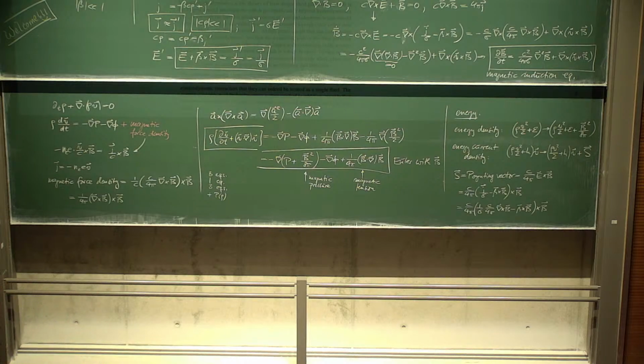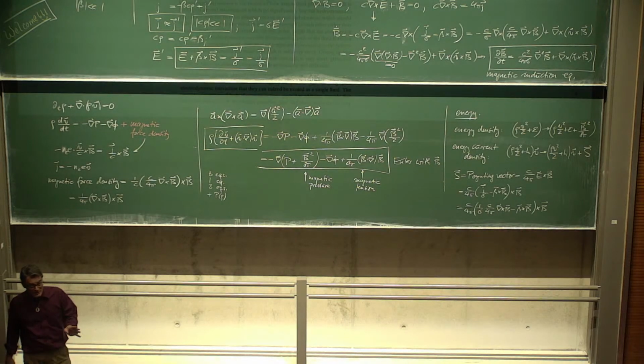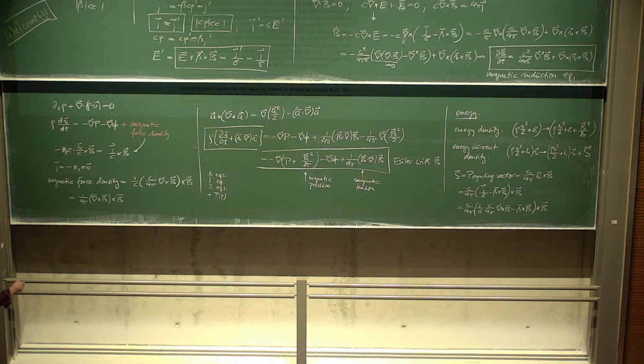We'll deal with that. And then we looked at the back reaction of the magnetic field on the plasma flow in the ideal case, in the case of absent viscosity, absent heat conduction, absent friction in the plasma. Then we have the unchanged continuity equation.